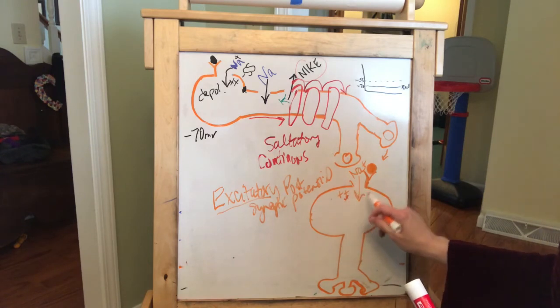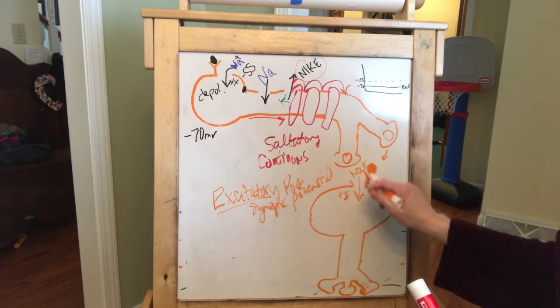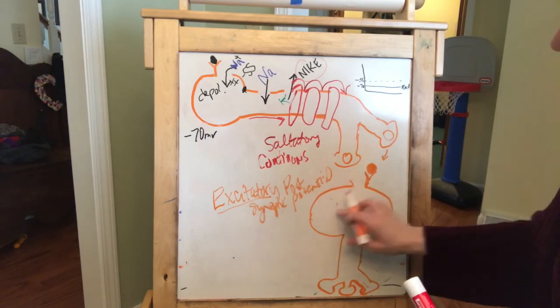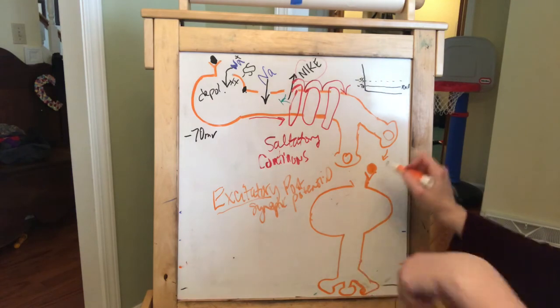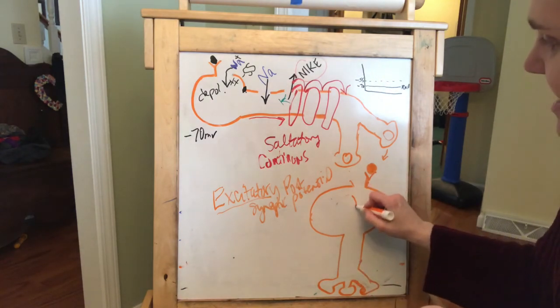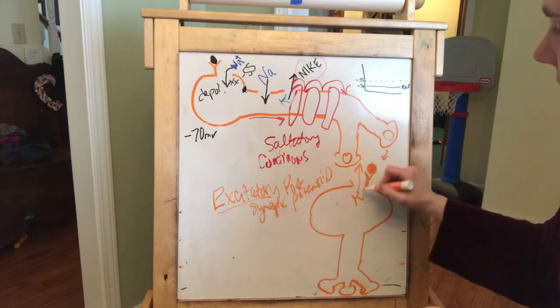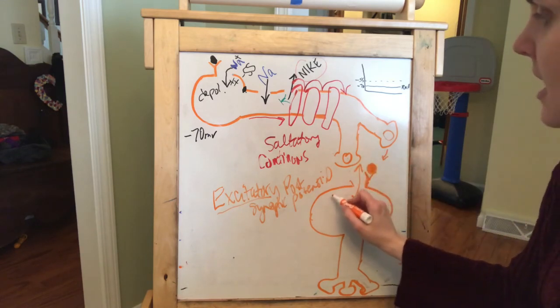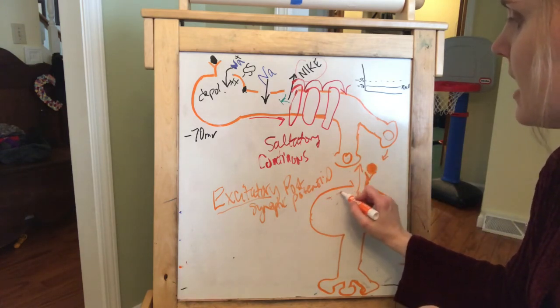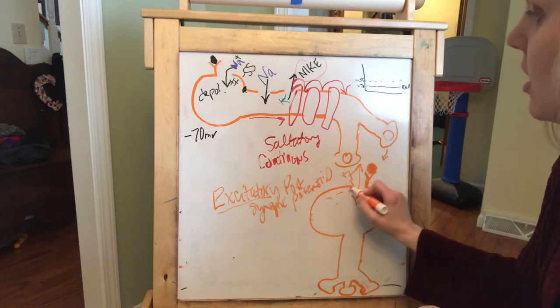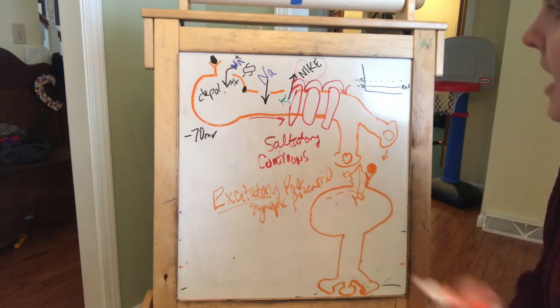If, on the other hand, this ligand resulted in, say, potassium channels opening and potassium exiting, then that would hyperpolarize our membrane because the positive charges are leaving. We're going to get a more negative potential.